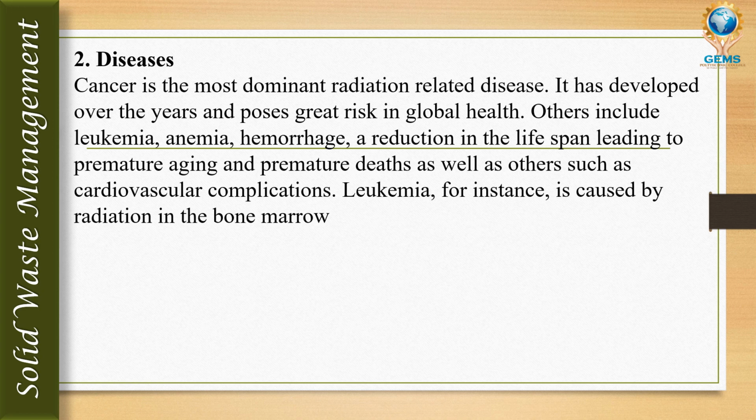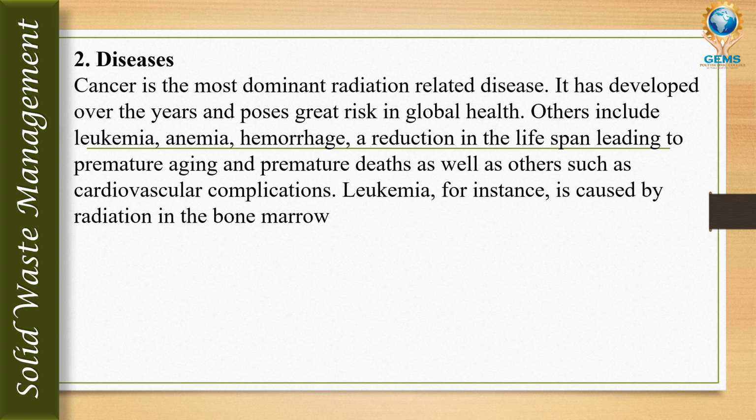That is how leukemia, anemia and hemorrhage will come, and obviously it will reduce the lifespan of a person, and premature aging will also happen. People at a younger age will look like an older person, and premature death will happen, people will die much earlier.